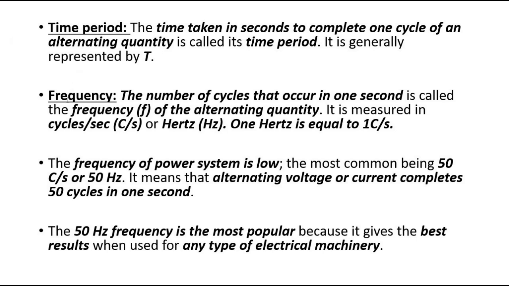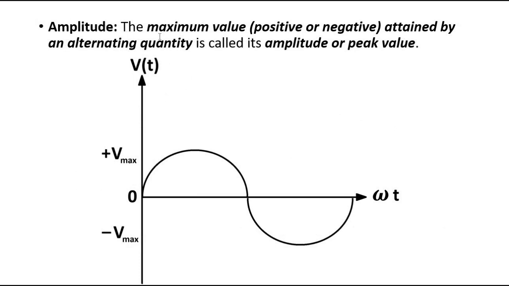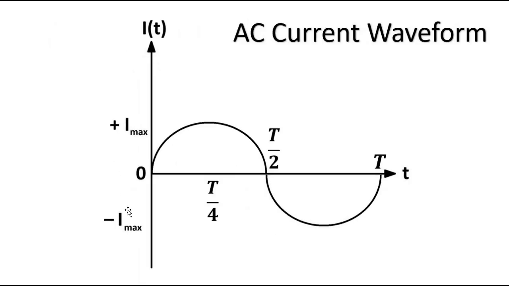So time period, frequency, then we have the amplitude. Here you see plus Vmax, minus Vmax, or plus Imax, minus Imax for the current. This is for voltage, this is for current.